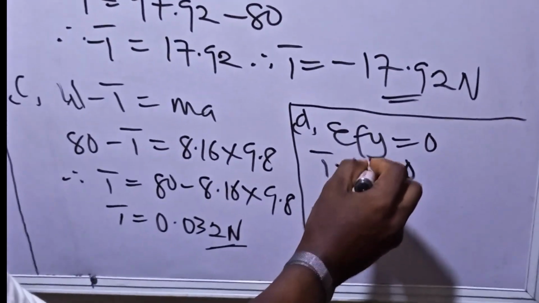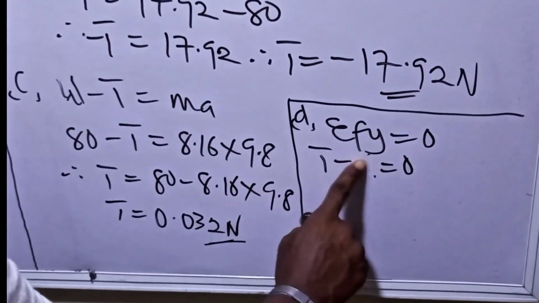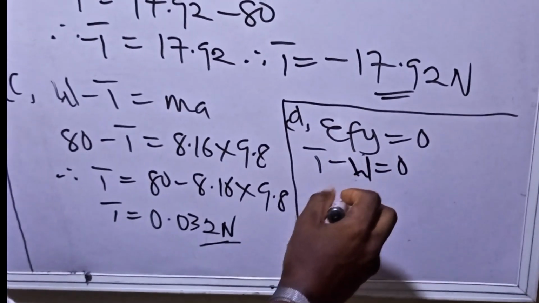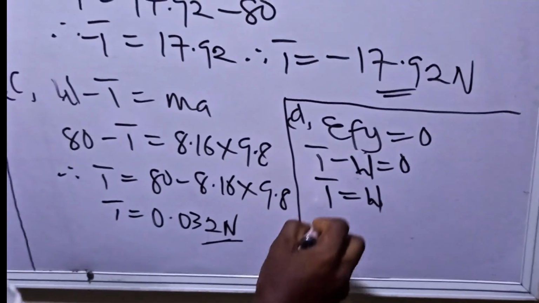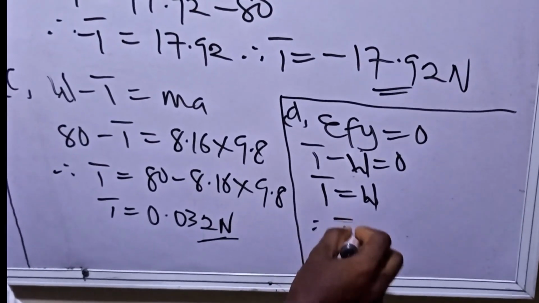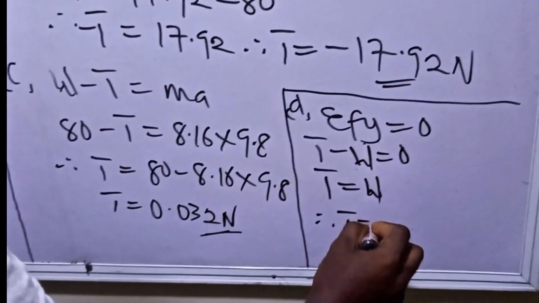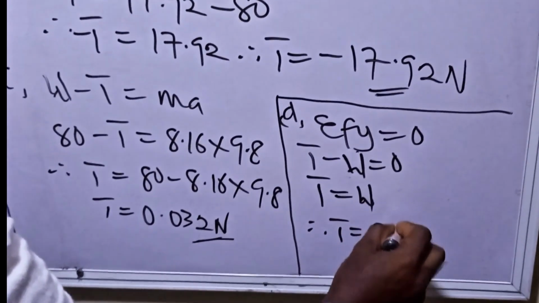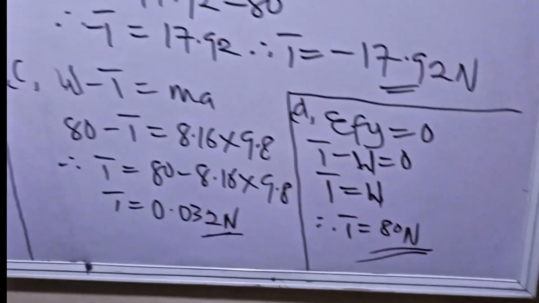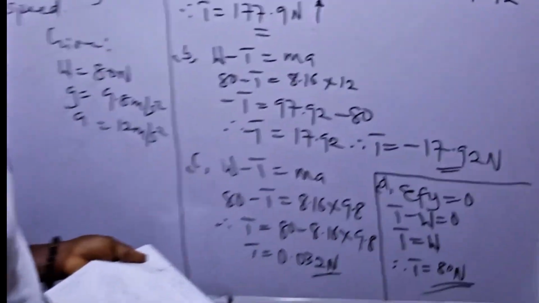Since tension minus weight is equal to 0, tension will be equal to weight, and since weight is 80 Newton, the tension will be 80 Newton. As simple as that.